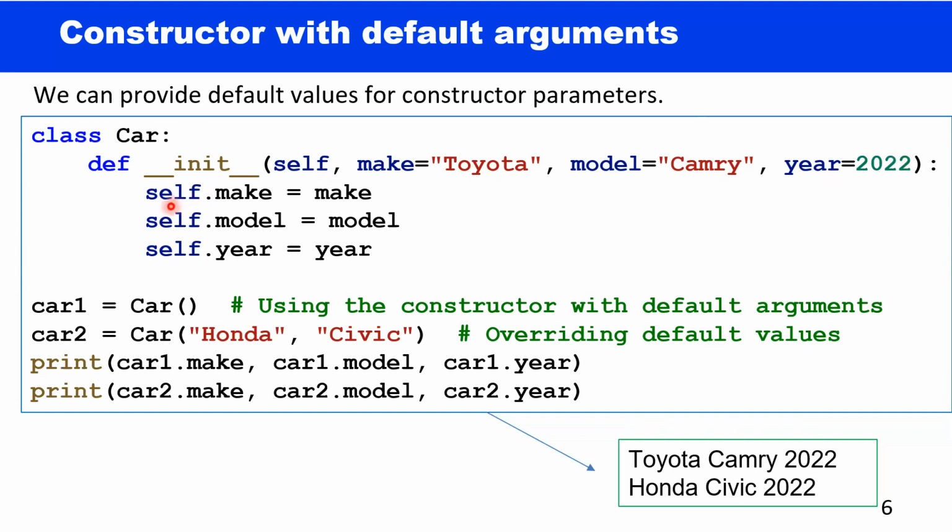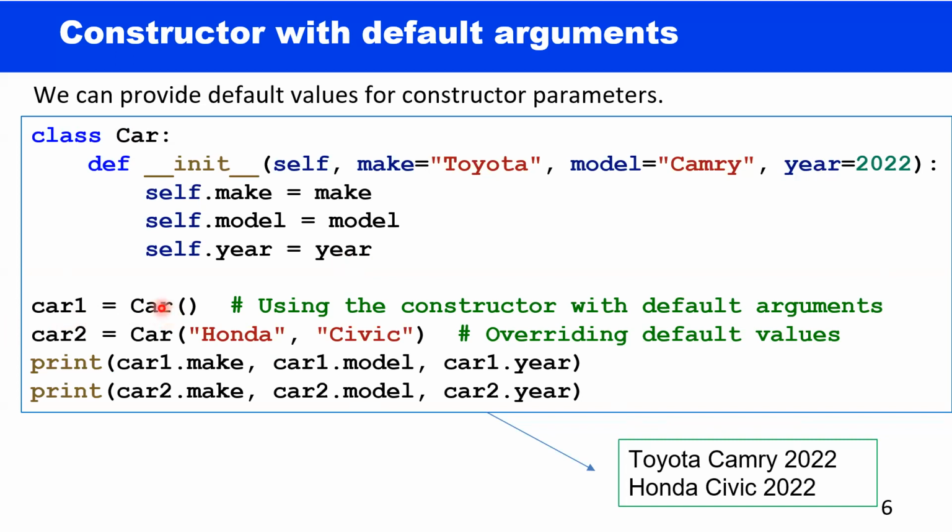So here we have again the initialization statements: self.make equal to make, self.model equal to model, self.year equal to year. So whatever the values of make, model, and year are going to be assigned to the make, model, and year attributes of the current object. And let us see the object car1, which is initialized with no arguments.